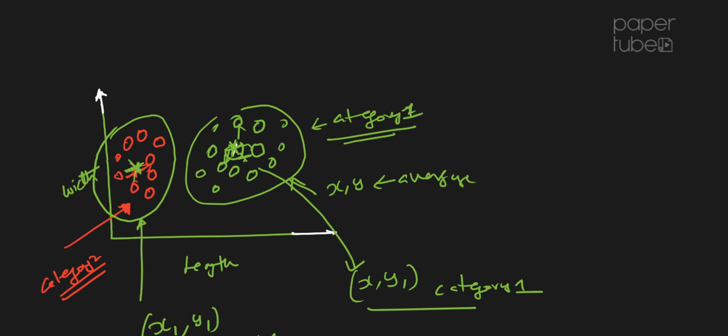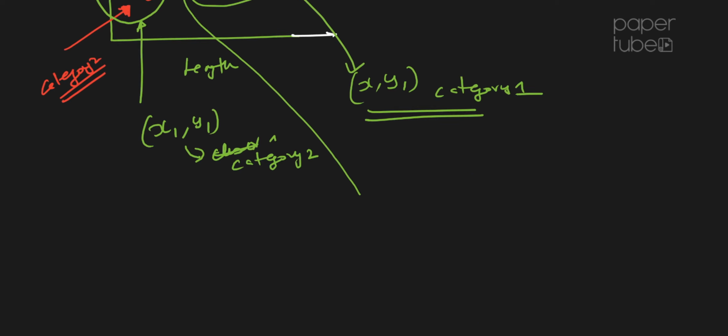So you have to repeat the calculations again and again until you meet the condition that there is no change in the cluster center. So that's the rule. If you manage to achieve that condition, then we can say the program has converged. So then you can stop performing the iterative calculations.